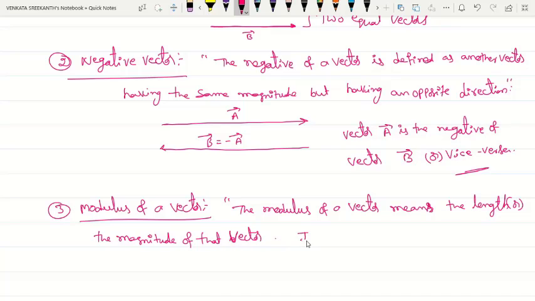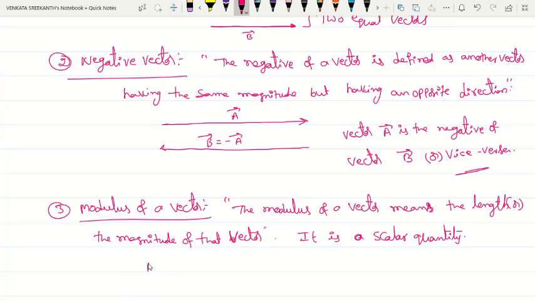It is also a scalar quantity. This is the definition of the modulus of a vector.